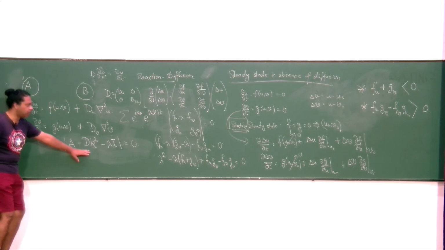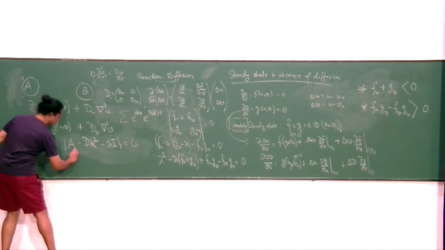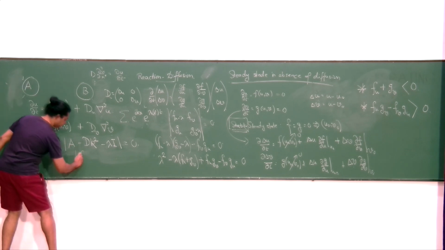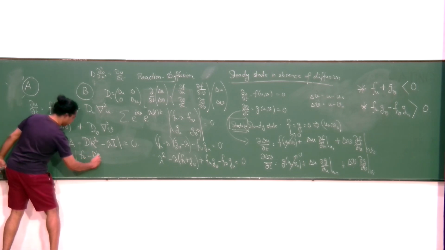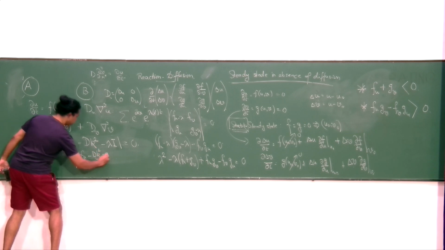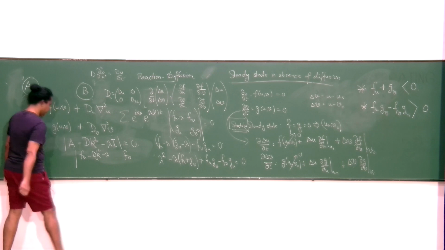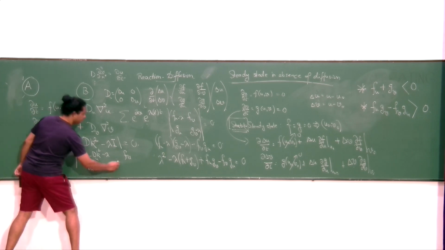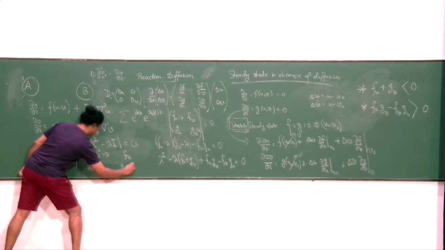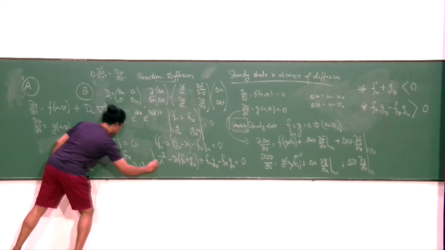So this is what I now want to do: find the eigenvalues of this matrix. So I want to find the eigenvalues of A, which is fu minus Du k squared minus lambda, then fv, then here I have gu, and here I have gv minus Dv k squared minus lambda, equal to 0.